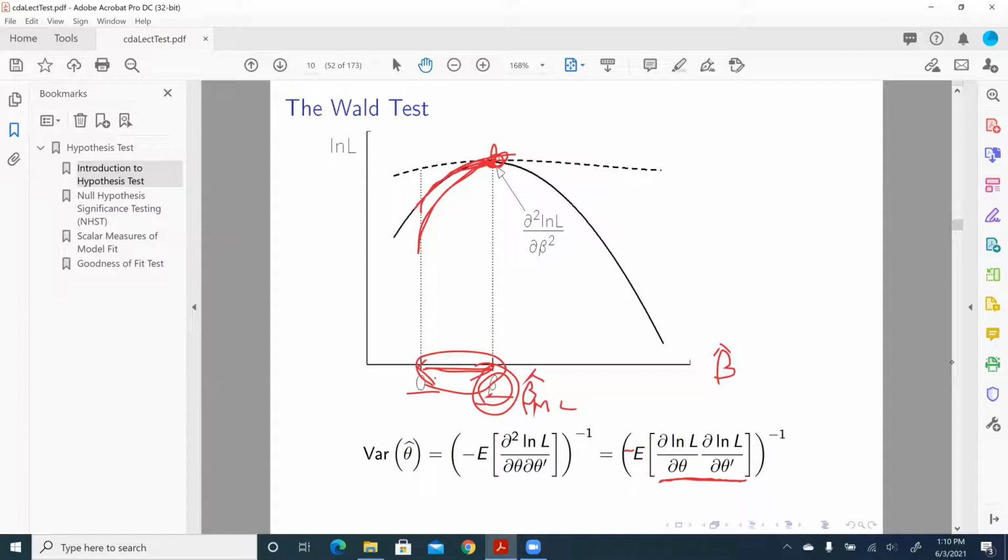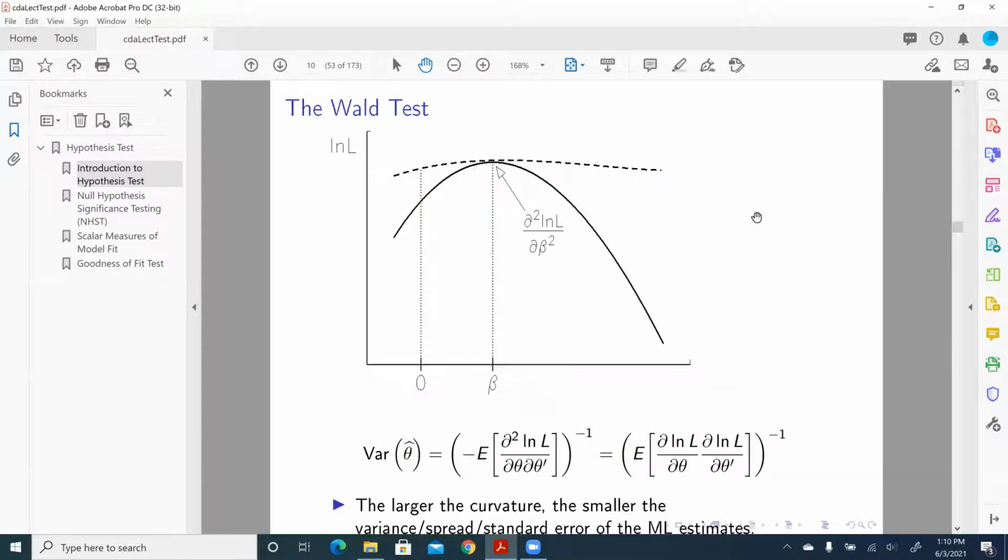If the second derivative is large, then the curve is very steep, and the inverse of that value is going to be very small. If the distance is normalized by that very small variance, we're going to get a huge test statistic, and then we can reject the null. That's the general idea.